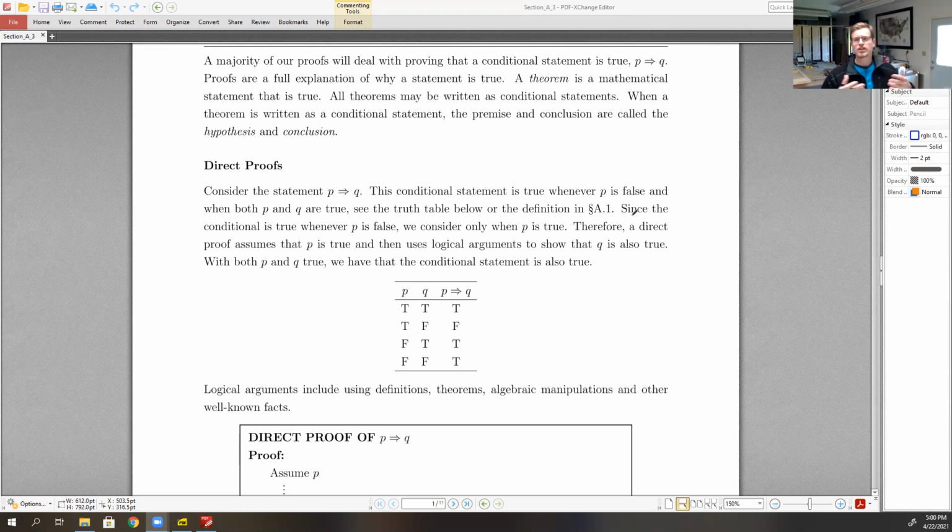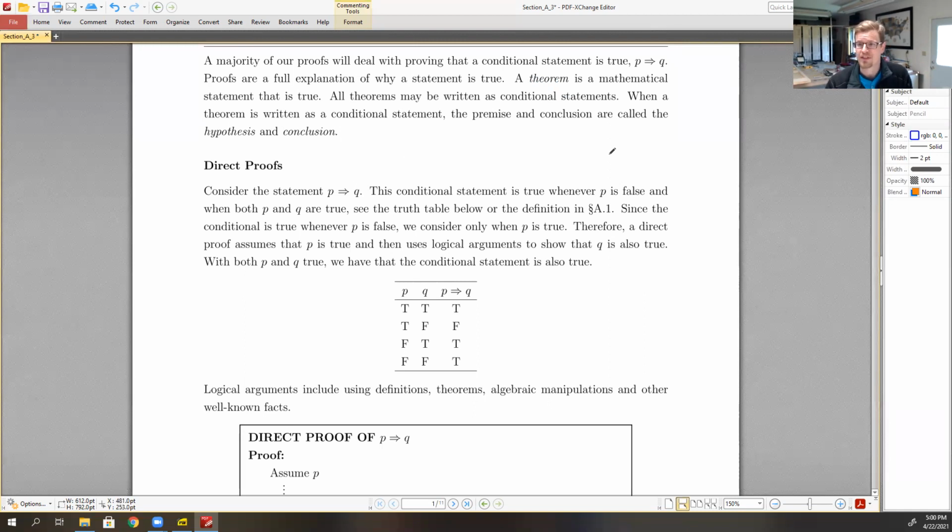So in general, when we're talking about a statement that we want to prove is true, these statements are called theorems. A mathematical statement that is true is sometimes called a theorem, and usually it's in the form of if-then. If we have these things, then we know that this other thing is true, okay?